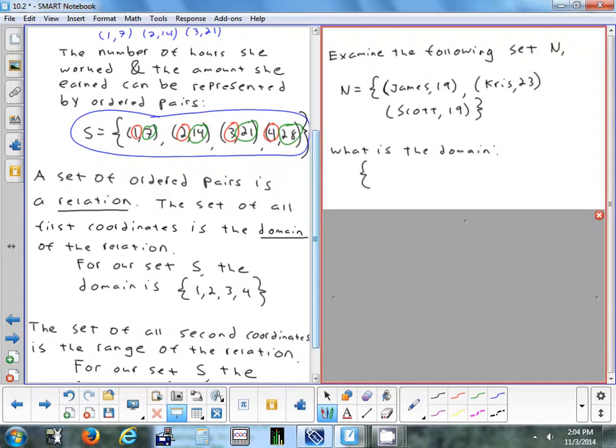So let's start with the domain. What's the domain of this set, which we're calling N? You can call this set anything you want. You can call it set A, set B. I just called it set N for names. Yep, James. Chris. And who else? Scott.